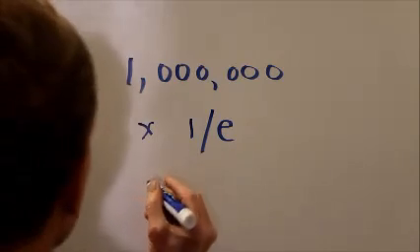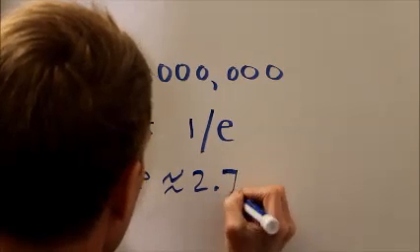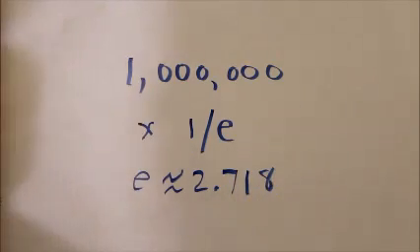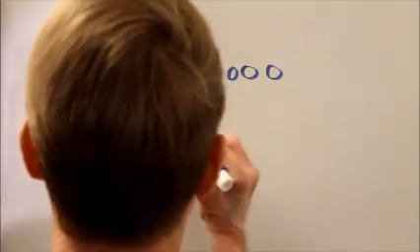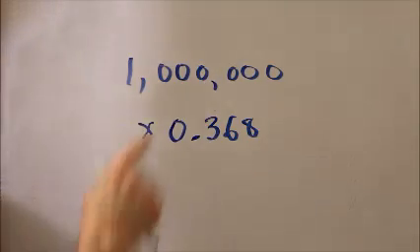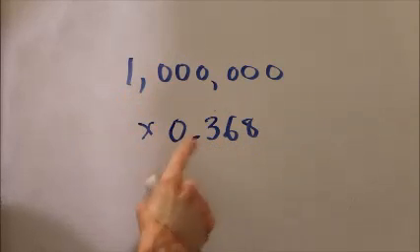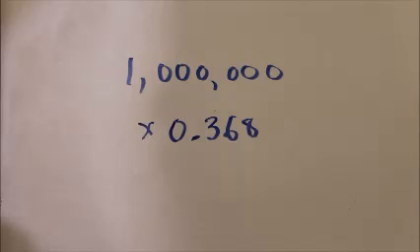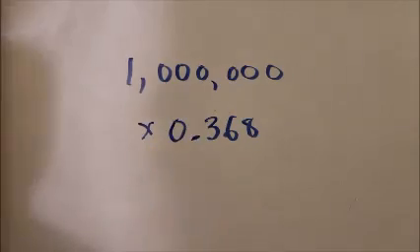Well, what is e? e is the exponential constant, which is an irrational number, roughly equal to 2.718. 1 over e is equal to roughly 0.368. So, after 15 minutes, one mean lifetime here, we should expect to have 1 million times 0.368, or about 368,000, give or take a few, because this is a kind of a random process.